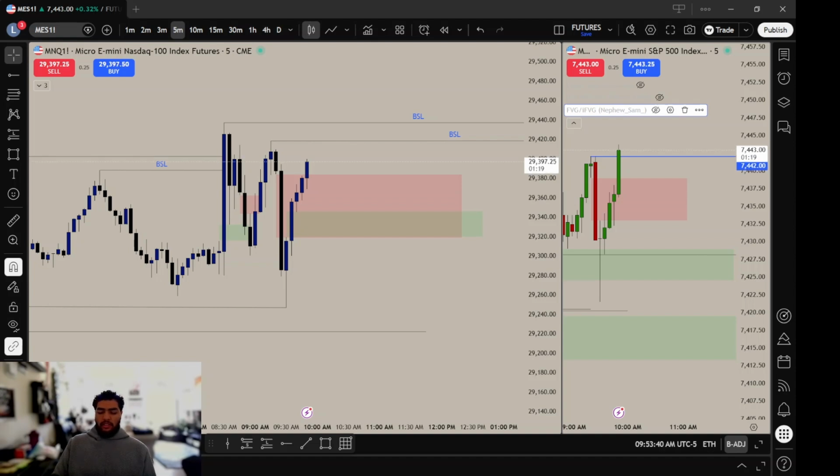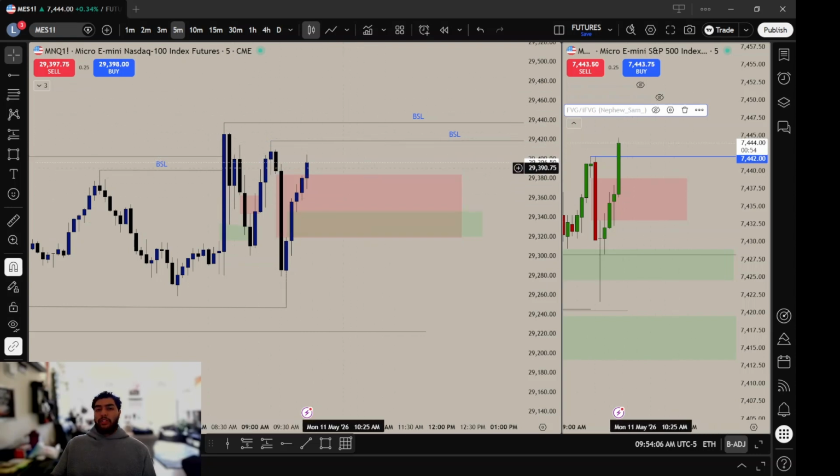All right, this is a good example of an SMT. On ES, it took out these highs, right? If you can see my cursor over here, it took out these highs right here. On MNQ, or the NASDAQ NQ, it did not take out these highs yet.